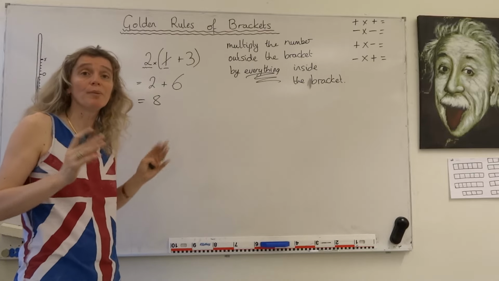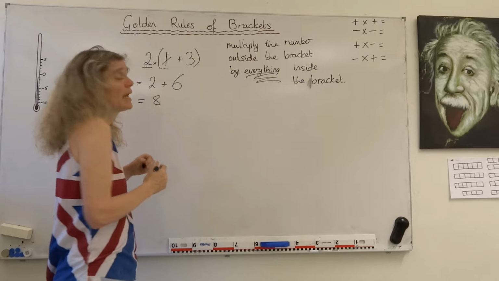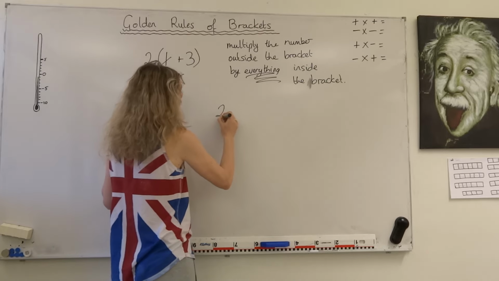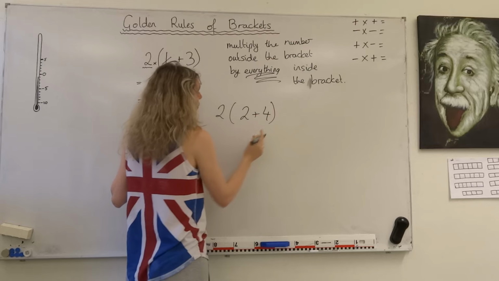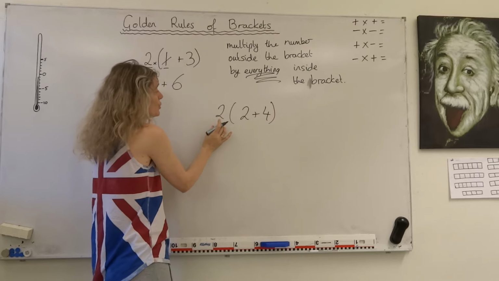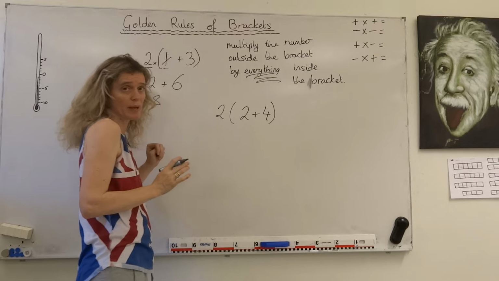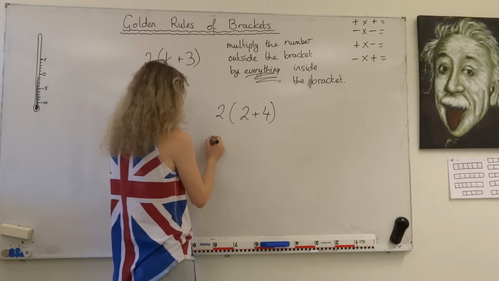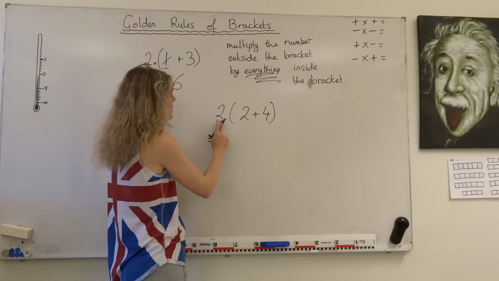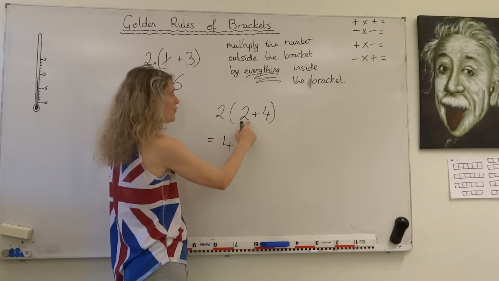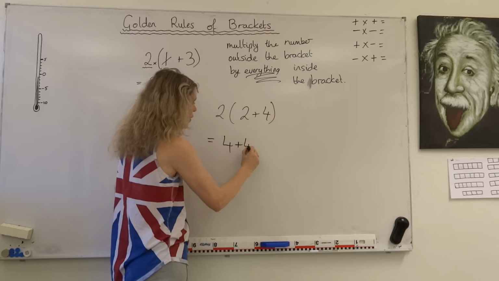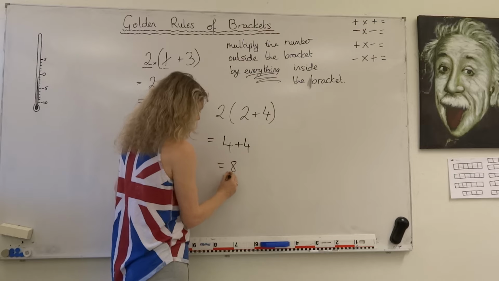The most common mistake that I see when you're using brackets is you do this. 2 times, let's say, 2 plus 4. We know that 2 plus 4 is 6, and we know that 2 times 6 is 12, so we're expecting 12. But when I see children multiplying by brackets, what I see them do is 2 times 2 is 4, and then it's got plus 4 here, so I add 4 plus 4, and that gives me 8.